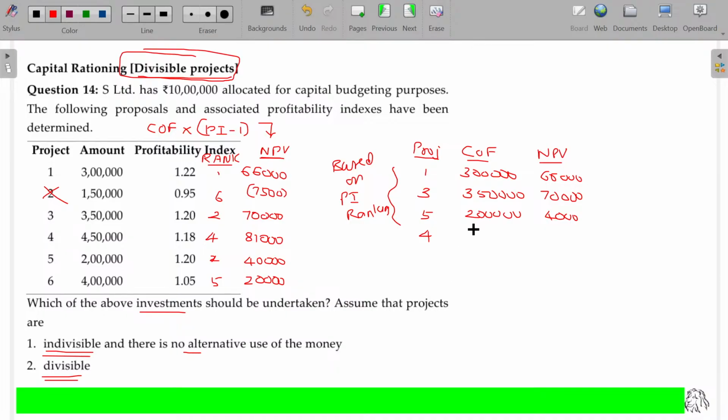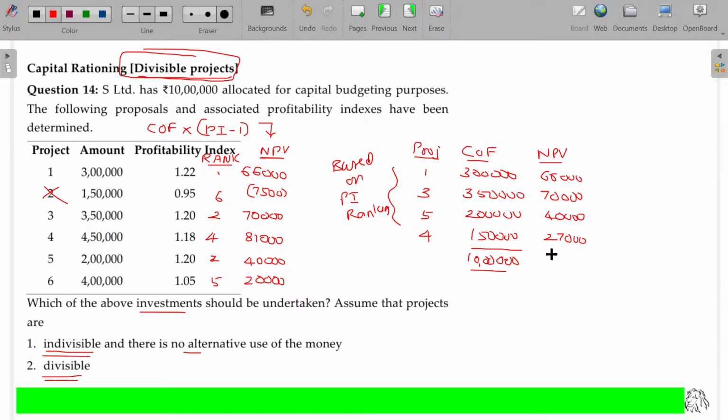I have only 1.5 lakhs. For 4.5 lakhs, I'm getting 81,000. As I've invested only 1/3, what could be my return? Only 1/3 of that 81,000, which is 27,000.